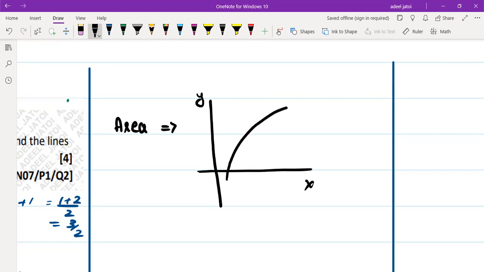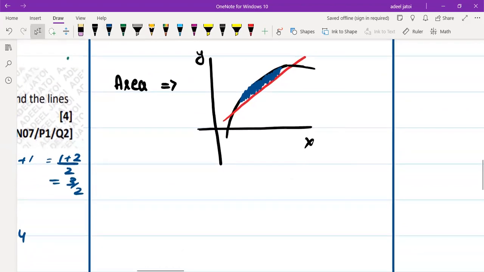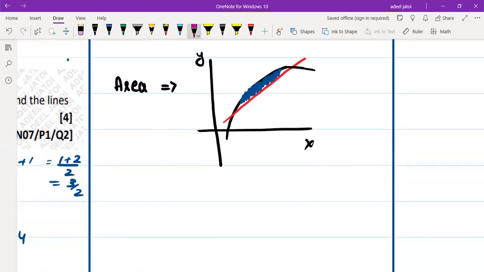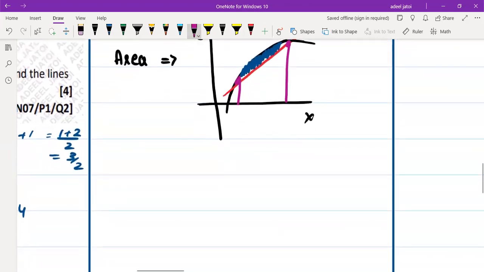If this is a curve and there is a line going, you will be asked to give the answer for the area between the curve and the line. So in this case, what you need to understand is that your lower limit and the upper limit for both will be same.